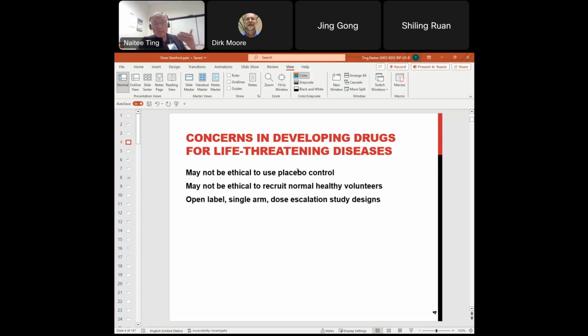So it's no longer ethical to recruit healthy normal volunteers into phase one. So in cancer trials, you start with patients in phase one. Who are the patients that are going to participate in phase one trials? It's typically cancer patients who tried many other drugs and it doesn't work for them. This phase one trial may be their last hope. So they participate in the trial.